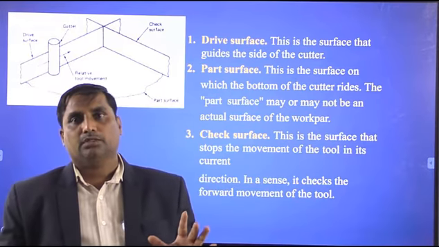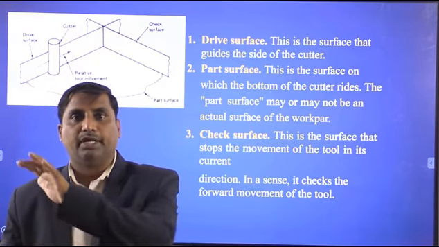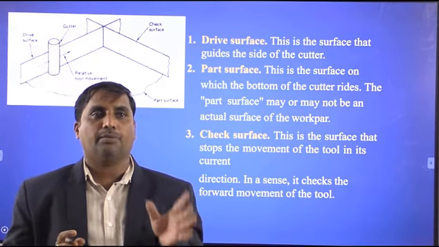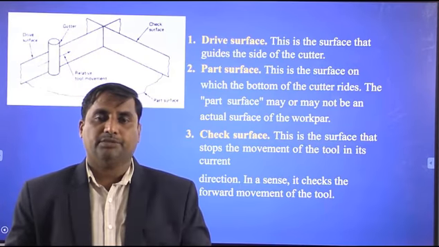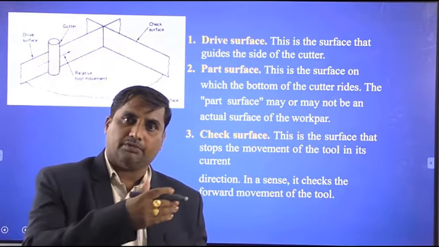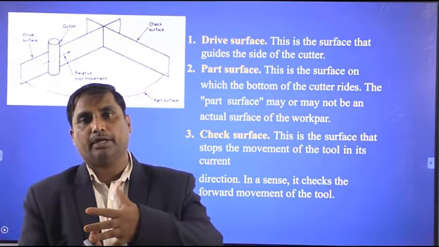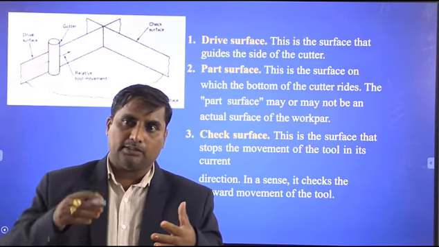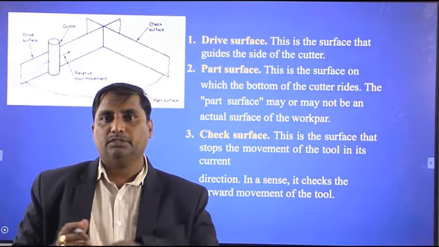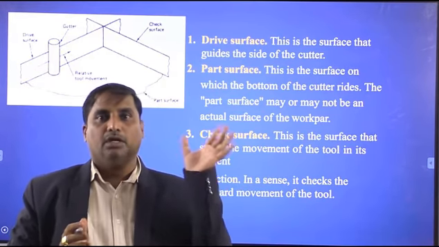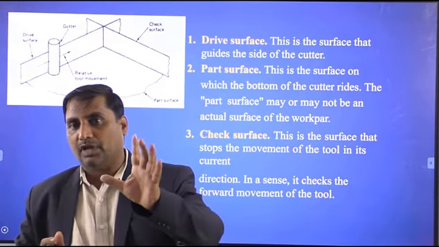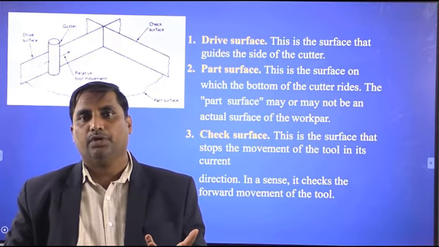Those operations are called contouring operations, and they are performed by specifying different surfaces: one is the bottom of the cutting tool, one is the left side, and another one is the ending point of the cutting tool. If you specify these three surfaces and make the cutting tool always follow them, then we can do the contouring operation.